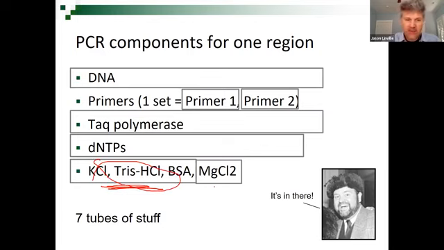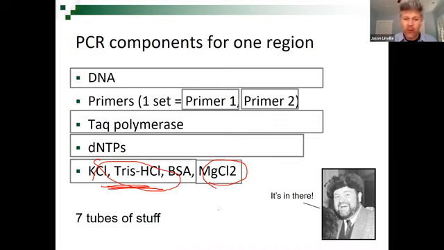Oftentimes with PCR, they add the magnesium chloride in a separate tube because sometimes for amplifications, you want to add a little bit more magnesium chloride and sometimes you want to add less. The concentration can affect the efficiency of the reaction, so sometimes that comes in a separate tube.